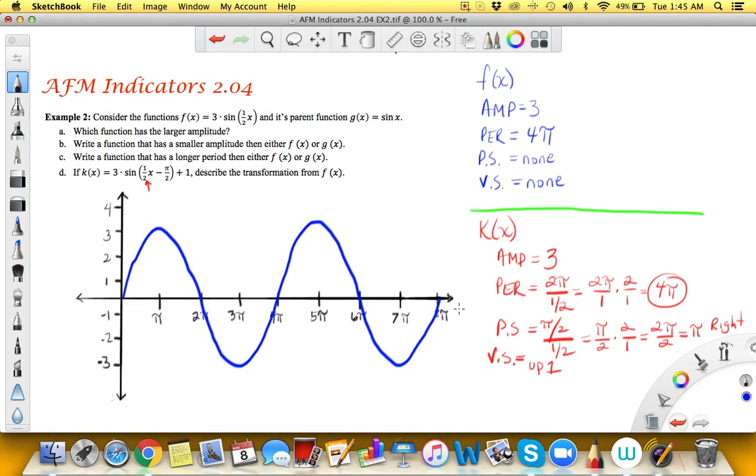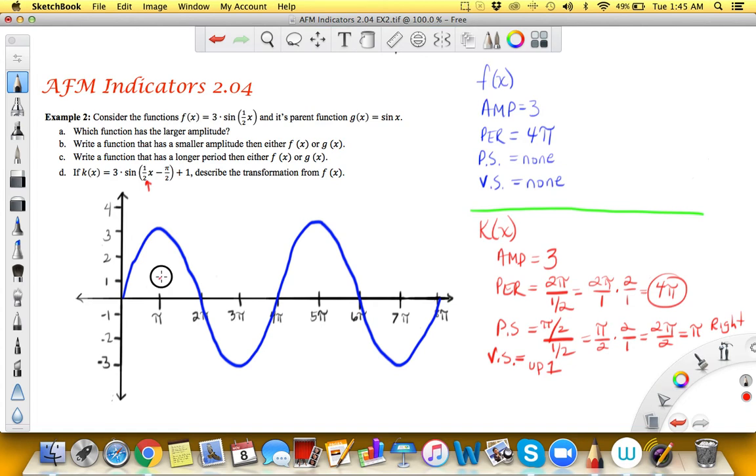Now, k of x changes a little bit. It shifts up and to the right one. So let's change our color back to red. So if we picture starting here, let's do x first. It shifts to the right 1 unit, and then it shifts up 1 unit. So it starts here. And so here we still have a period of 4 pi, still have an amplitude of 3.